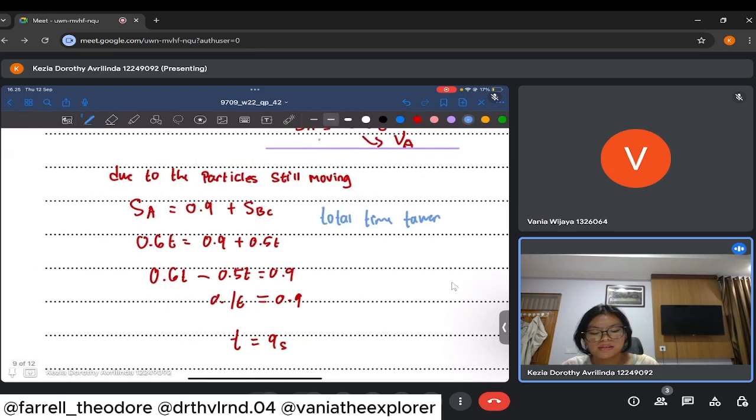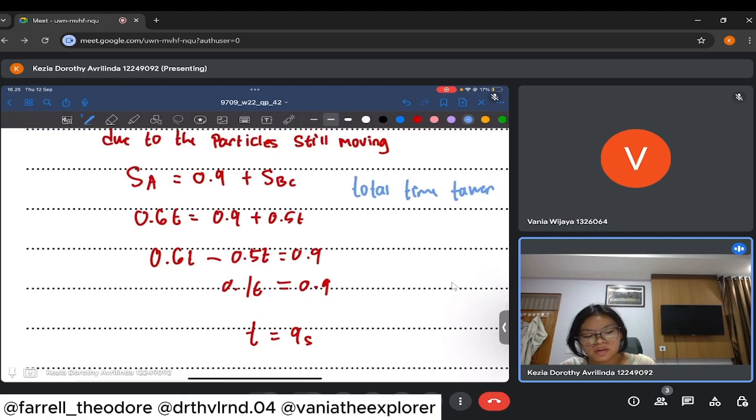We know why SBC is needed, because SBC is still moving. That's why this distance of SBC is still put in that equation. So we just substitute everything inside. We know what SBC is and we know what SA is, so we just put it all in the equation: 0.6T equals 0.9 plus 0.5T.